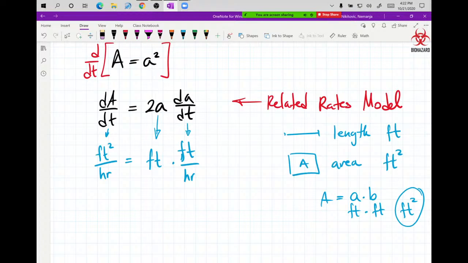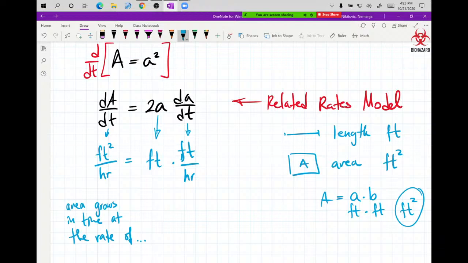So now, what do I have here as a unit, right? What would I read this as? Well, I would say area grows in time at the rate of blah, blah, blah.